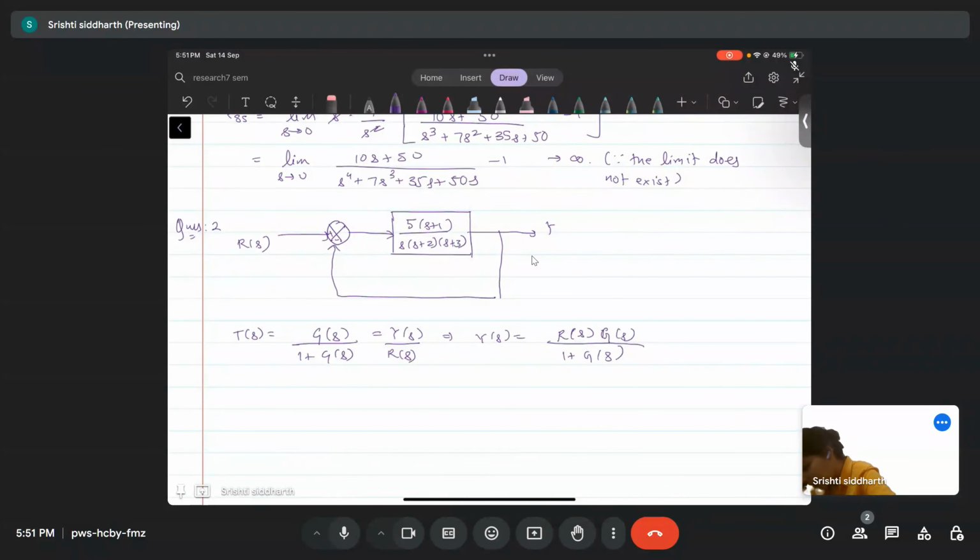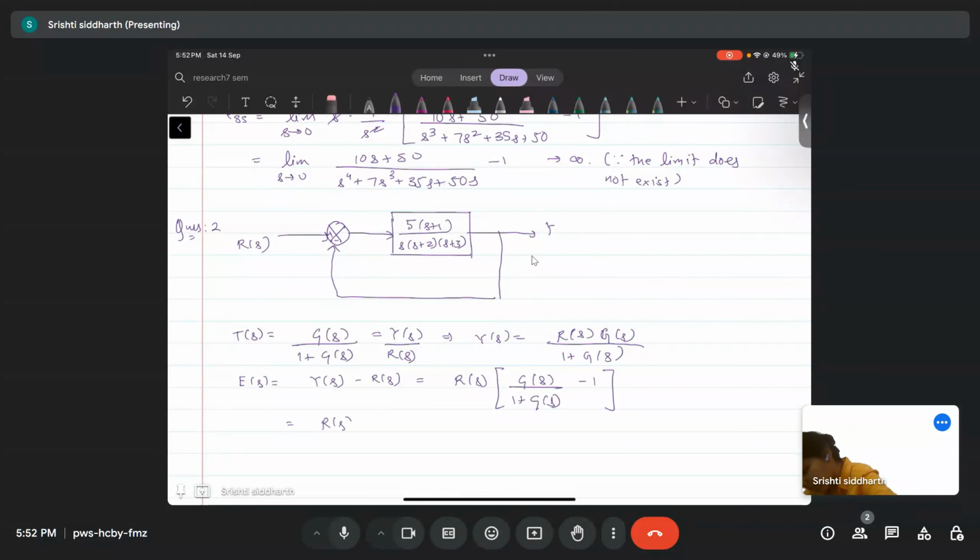So we have the error E(s) as Y(s) minus R(s), which becomes, substituting Y(s) here and taking R(s) common, G(s) over 1 plus G(s) minus 1. So this is simply 1 over 1 plus G(s).